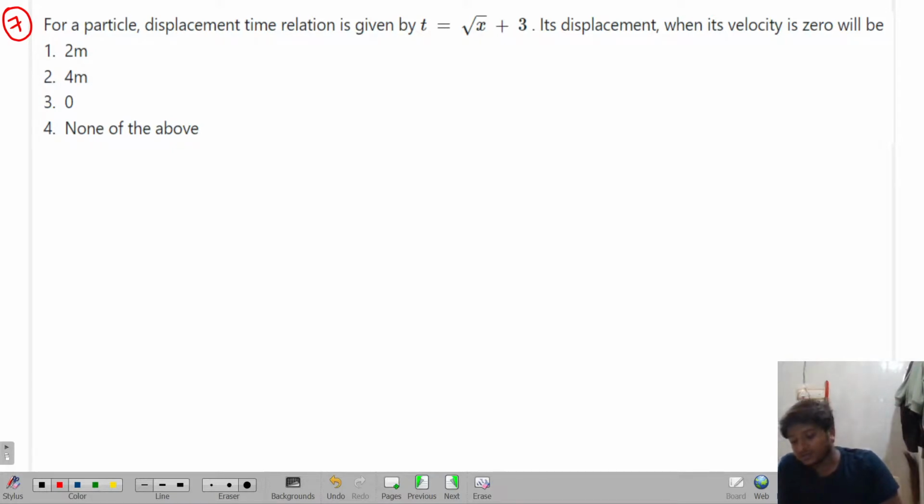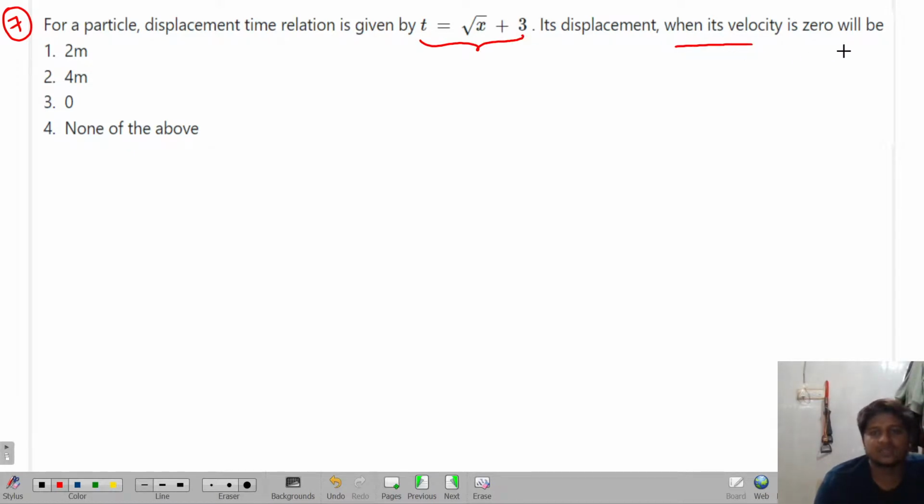Think. This is not the same question. For a particle, the displacement-time relation is given by t is equal to root x plus t. When its velocity is 0, you have to find its displacement.